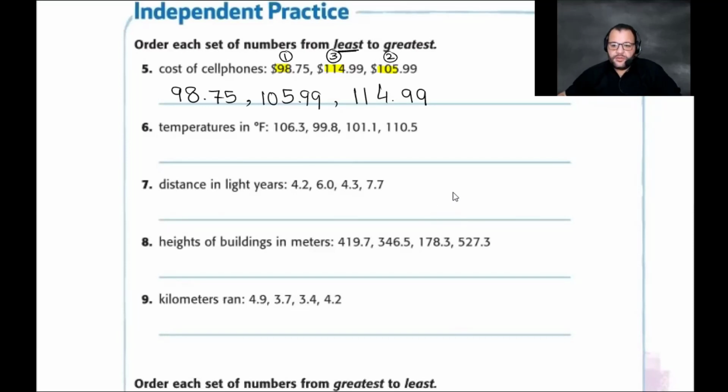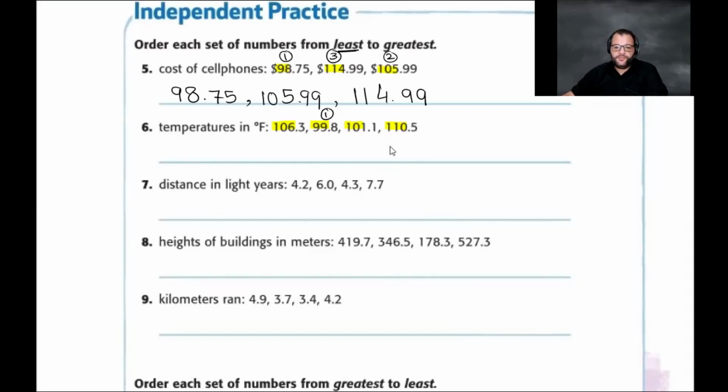Question number 6. Yes, mister. Okay. At the first, we need to find the number before the decimal point. Are they the same or different numbers? Different. So we need to find the smallest number. 99.8.